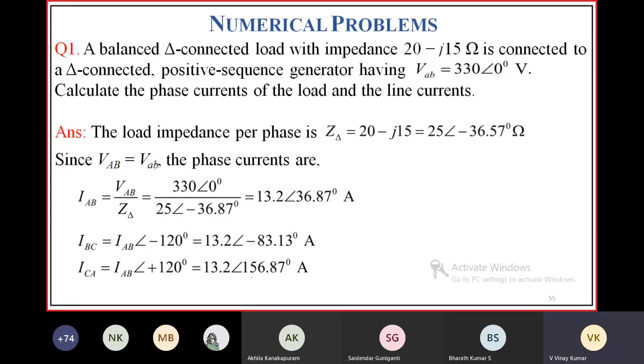Okay, a balanced delta connected load with impedance is given, connected to a delta connected positive sequence generator having VAB.